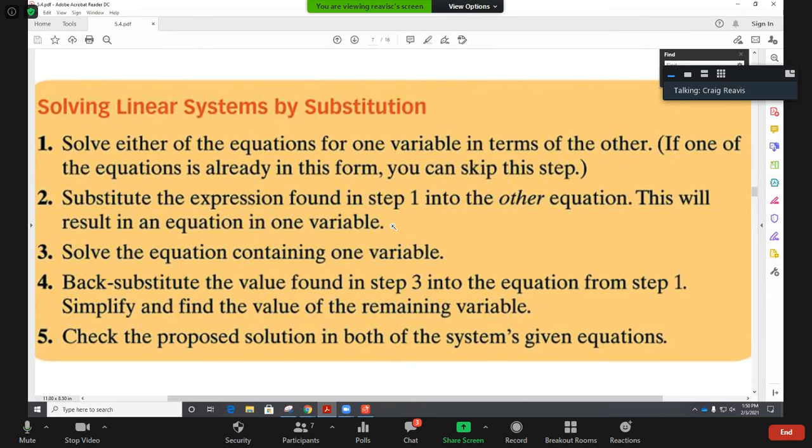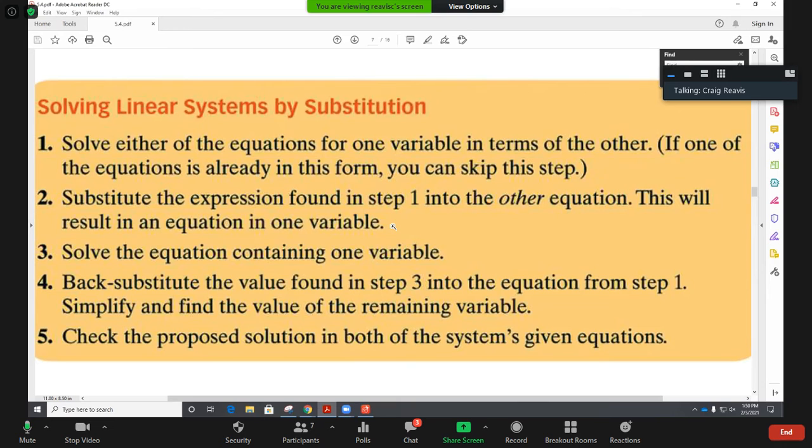Step 3 is take step 2 solution and sub it into step 1 solution, is how I'll say it.